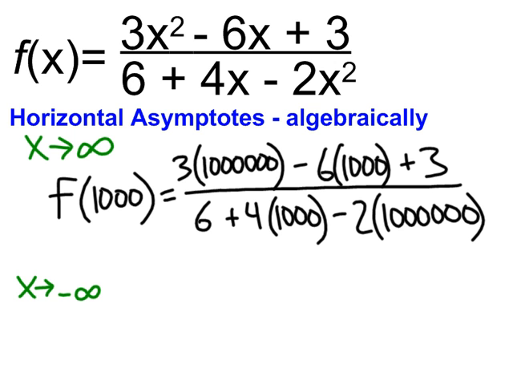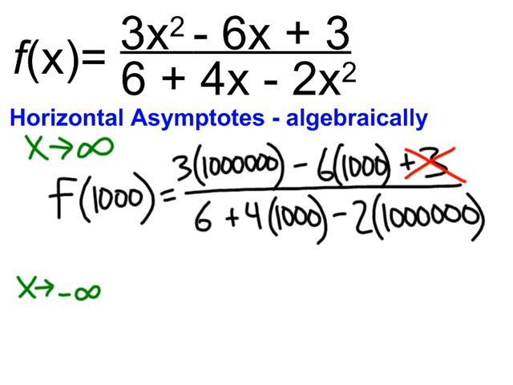I'm going to say, you know what, this 3 right here is not very significant. It's pretty small compared to this 3 million. So for the sake of horizontal asymptotes, I'm just going to say that 3 doesn't really contribute much to this expression.